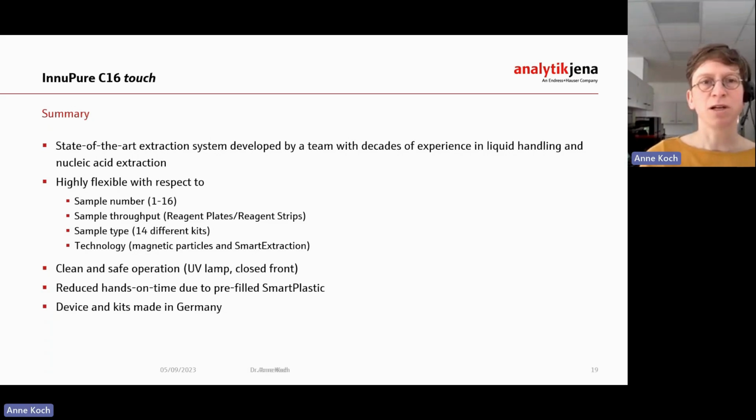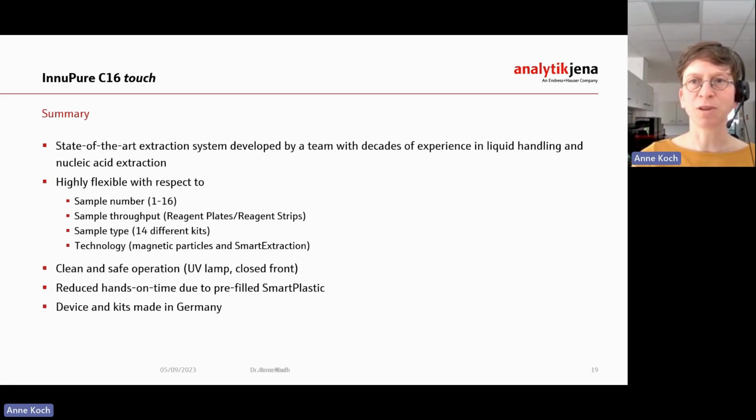And our main goal is to make you, the customer, as flexible as possible. So we don't want to limit you in the sample number, for example, you want to process, or also the sample types. So we are trying to offer as much variation as possible. And of course, we're also open to new developments to accommodate any needs that may arise on your end.